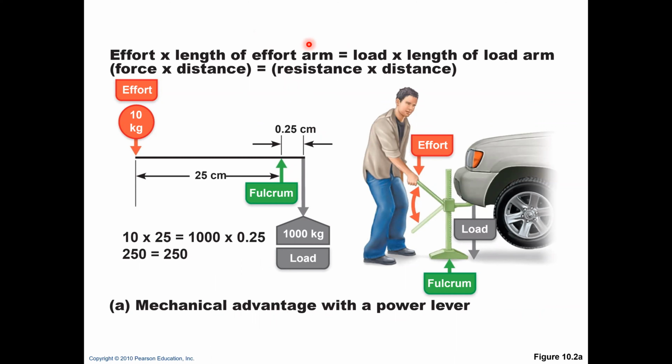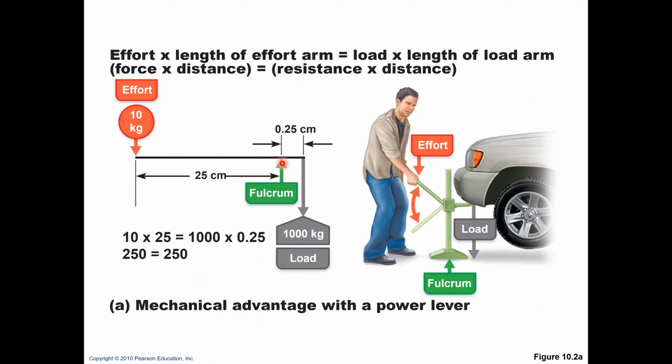I'm not going to explain much of this stuff, but very quickly, you see how you have this fulcrum and you have one arm, the effort arm, and you have another arm, the load arm.